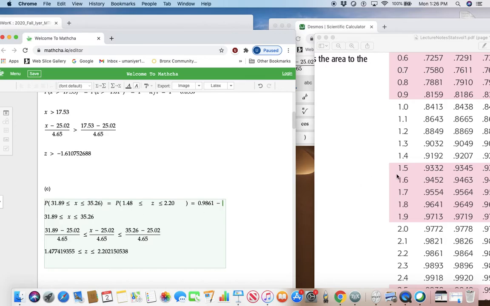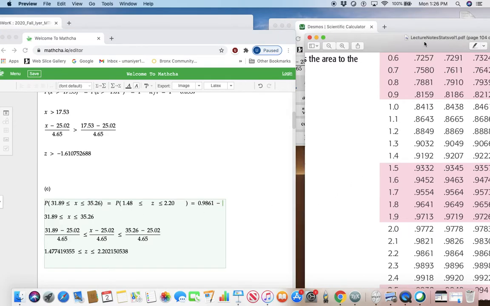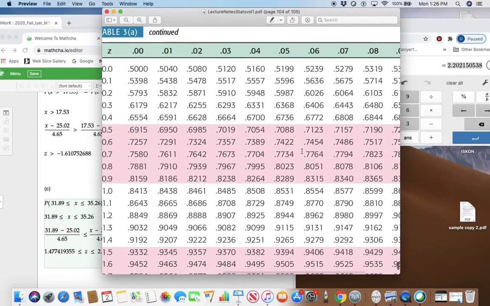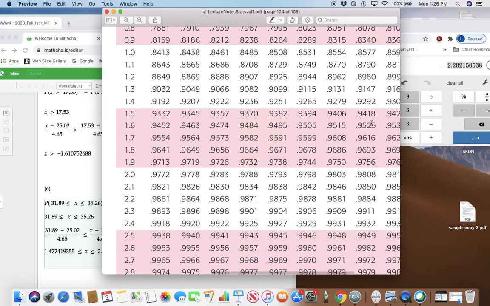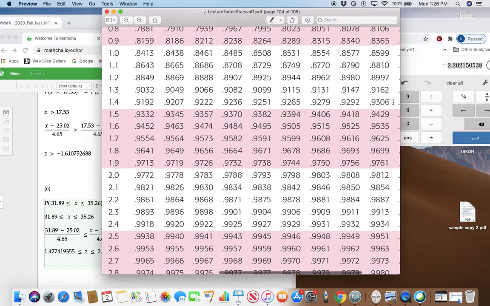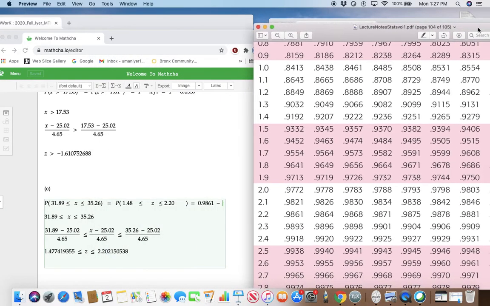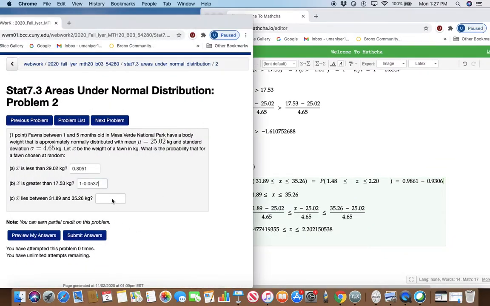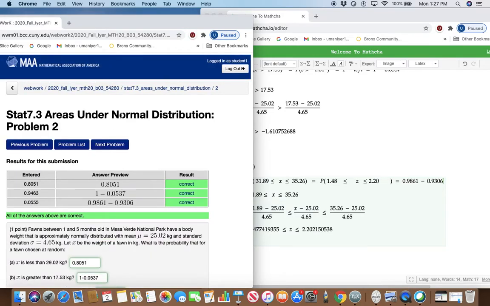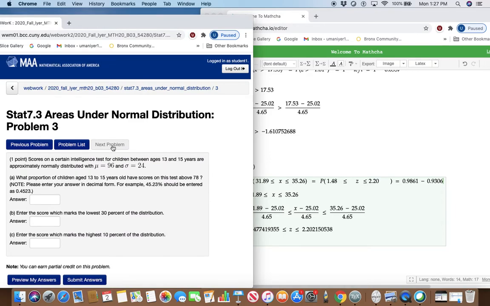Subtract 1.48: 8 is here, 1.48 gives 0.9306. So I'll write those two numbers: 0.9861 minus 0.9306. I hope everything is okay. That's it. Next problem, I'll continue in the next video.